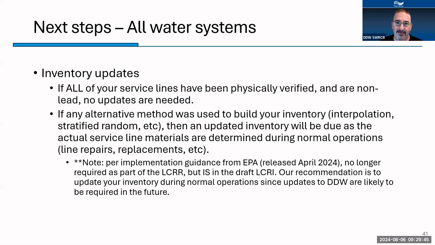So since it's a draft, we can't say for certain if it's going to be a requirement or not, because it hasn't been finalized. But our recommendation is still to update your inventory during your normal operations, since the updates are likely to happen. You'll be submitting those updates to DDW in the future. And once the LCRI is finalized, we can be more definitive with this.